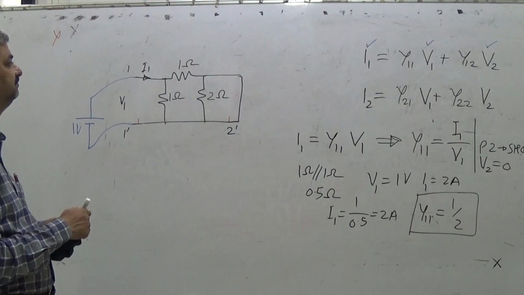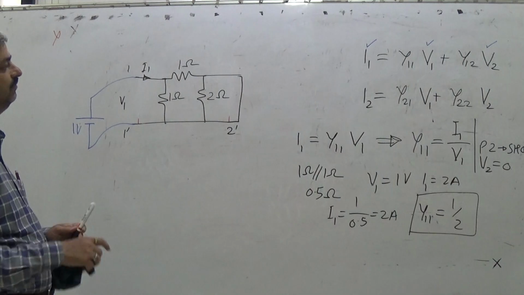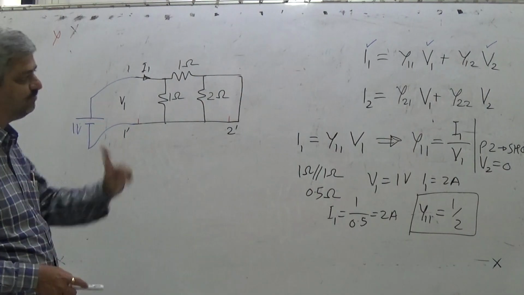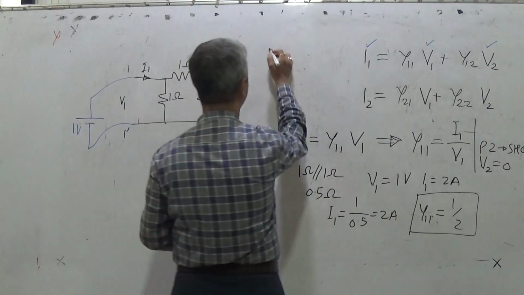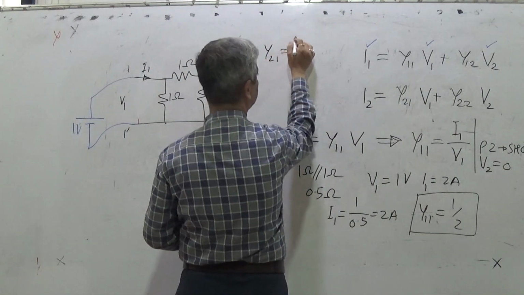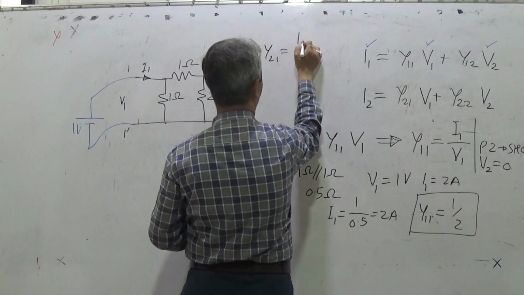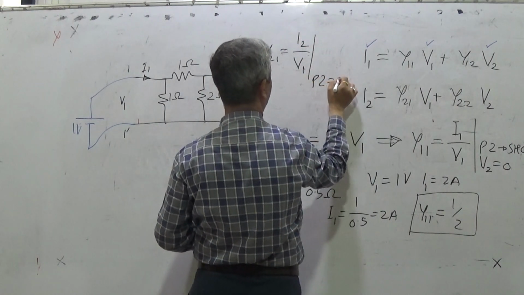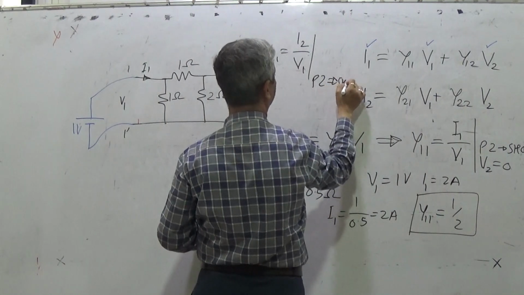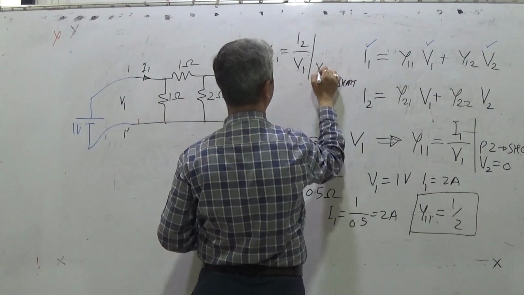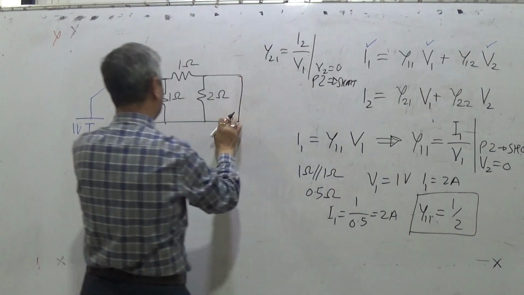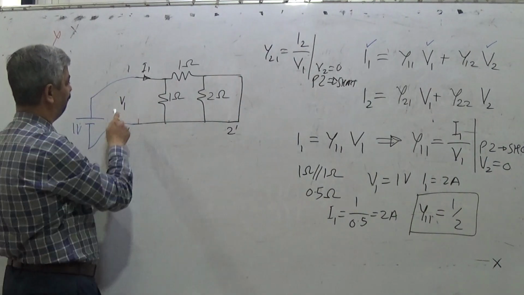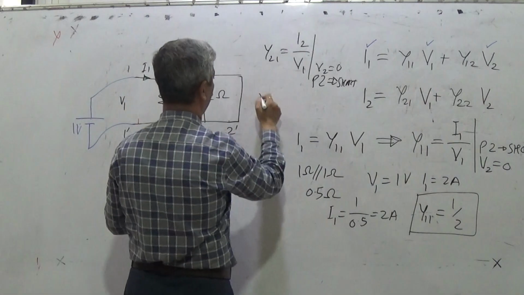Now, with port 2 short, here itself you can find one more parameter. What is Y21? Y21 is equal to I2 upon V1, with port 2 short, or V2 is 0. So what will happen now?